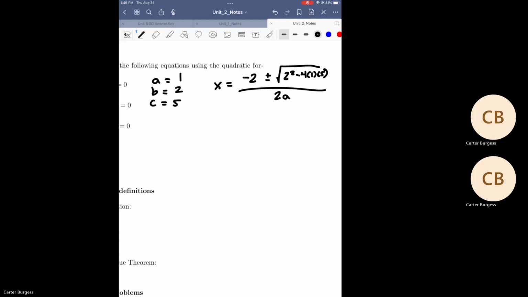Simplify this down a little bit. 2 squared is 4, minus 4 times 1 times 5, which is 20. So x is equal to negative 2 plus or minus the square root of negative 16, all divided by, well, hold on, 2 times a, we know what a is. A is just 1.